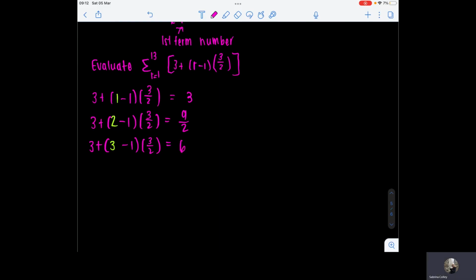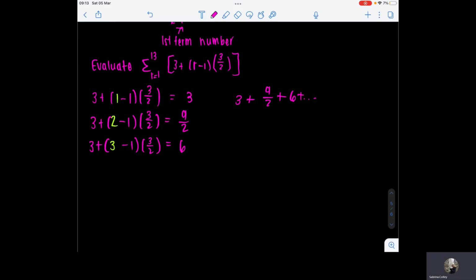So I expanded and I know it's going to be 3, 9 over 2, 6, and so on. But remember, it's a series. So I'm looking at 3 plus 9 over 2 plus 6, and so on, up until my 13th term.